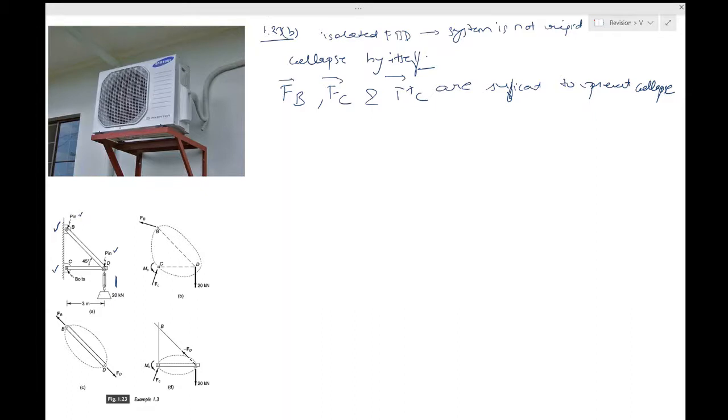So at this stage, neglect the weight of the frame. This is how we are proceeding forward.